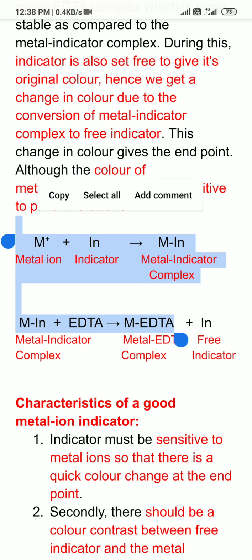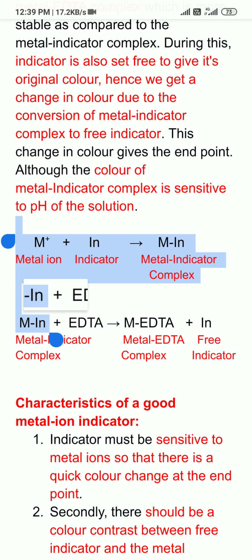Now during this process, when EDTA combines with metal ion, free indicator is formed there, or I can say that indicator is set free. So now please note here that earlier we were having metal indicator complex. So this metal indicator complex was having its one color.